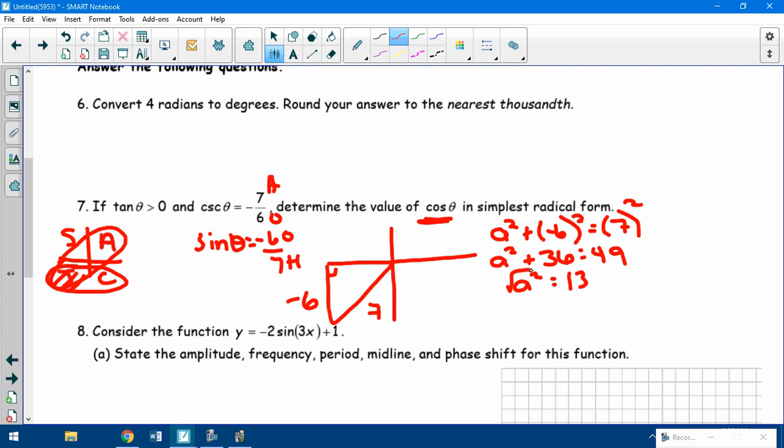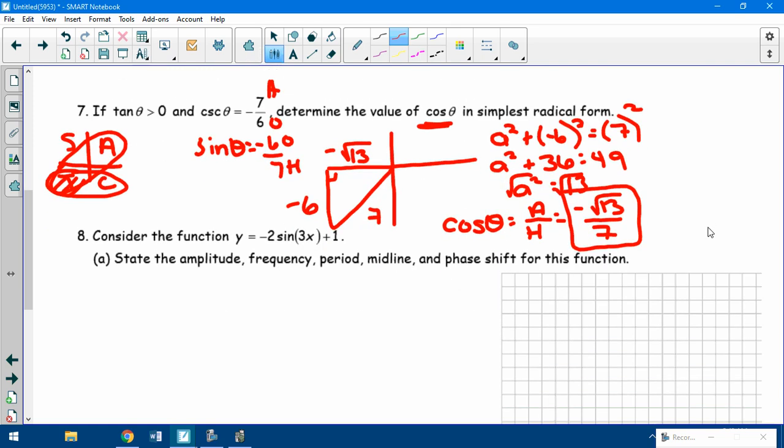Take the square root. Remember, that's plus or minus, and it has to be negative radical 13 because it's going left. Okay, so finally you can find cosine of theta by using SOHCAHTOA. Adjacent over hypotenuse. The adjacent's negative radical 13, and the hypotenuse is 7. And that's already simplest radical form.